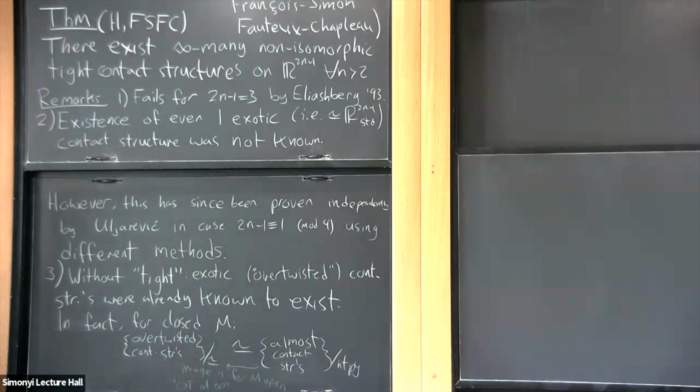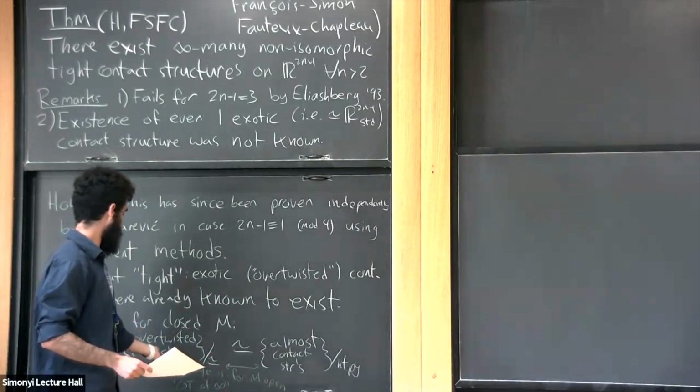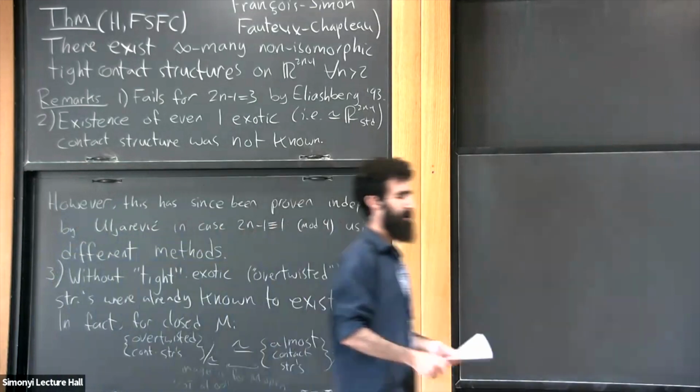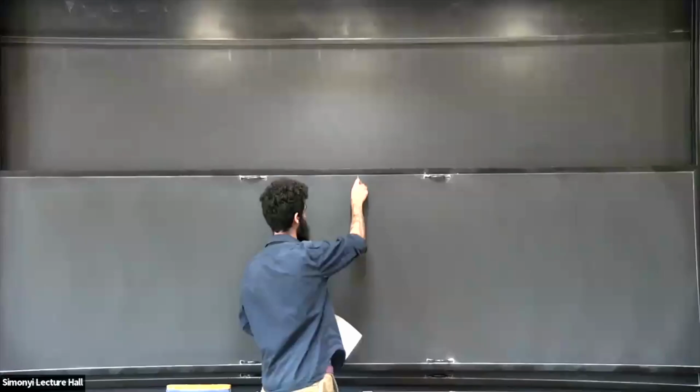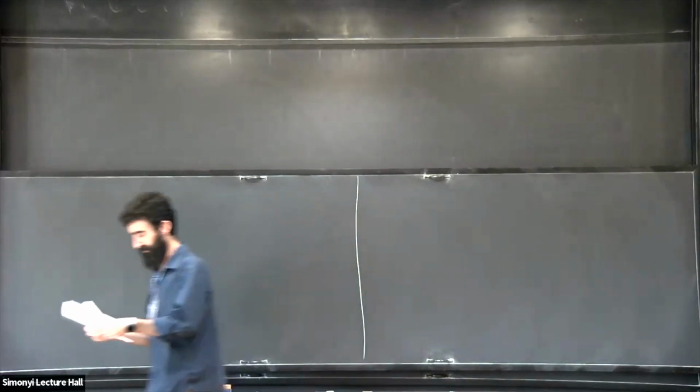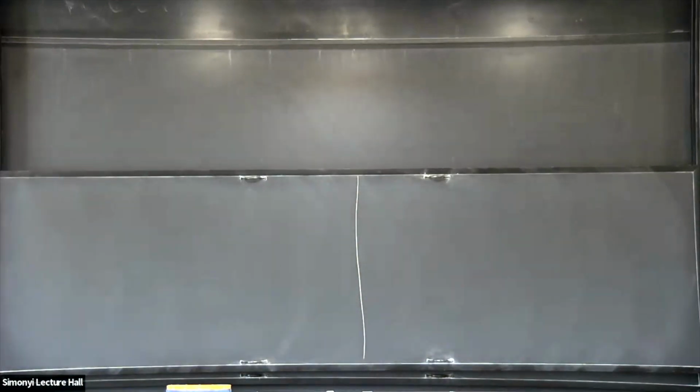And then for the other ones, it turns out, when your manifold is obtained by removing a finite number of points, so here it's obtained from the sphere like that, then the overtwisted but tight at infinity ones turn out to correspond to the almost contact structures on the closed manifold from which it was obtained. So that's the full situation.